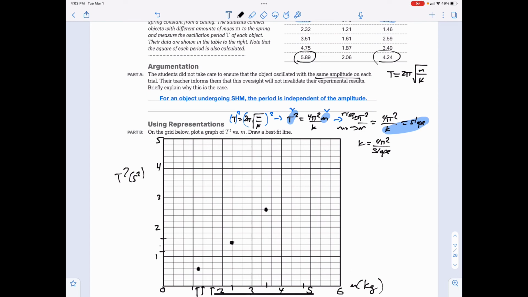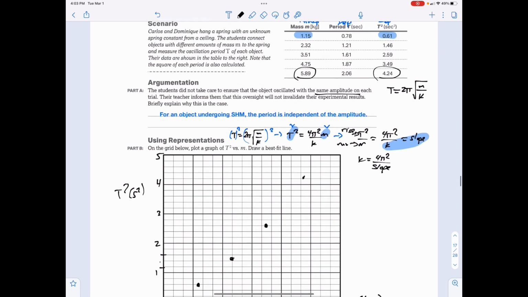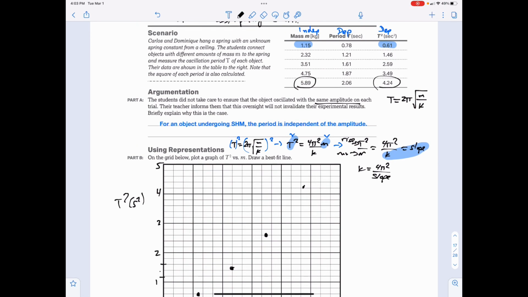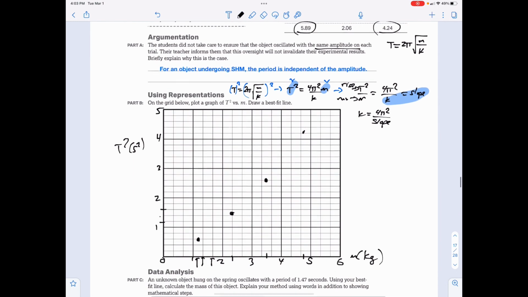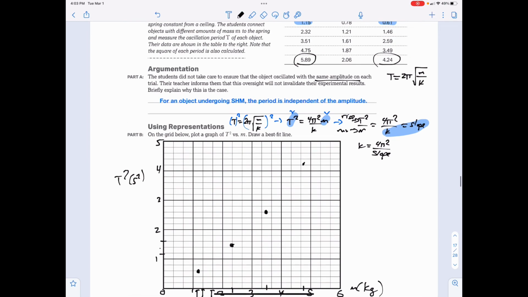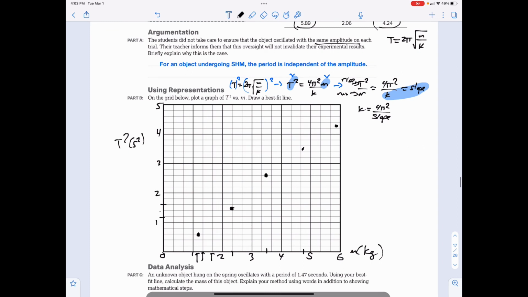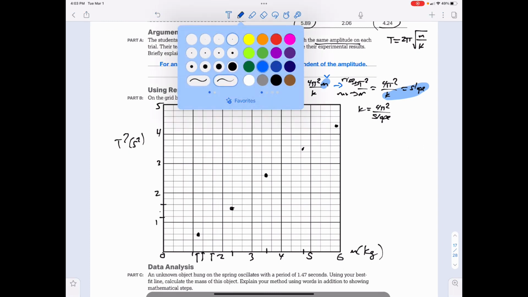Oh, I'm sorry, I did it backwards. So let me get that back down. That point belongs down here at 3.5. There we go. The last point is over 5.89 and up 4.2, roughly about there. Okay, so you've got your points. We need a best fit line. Let's go ahead and do that.